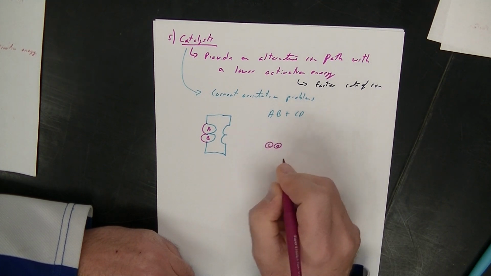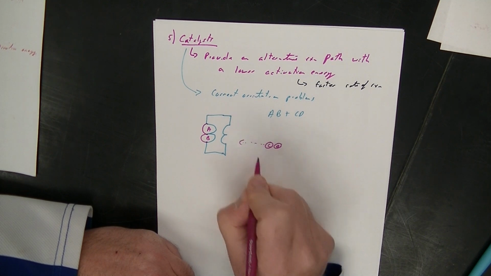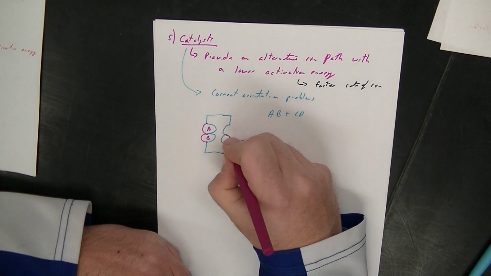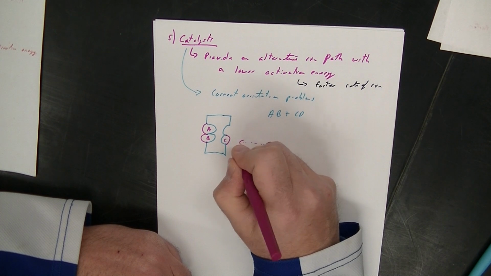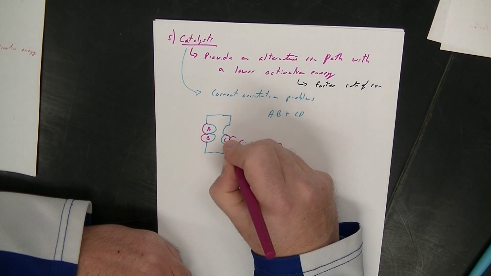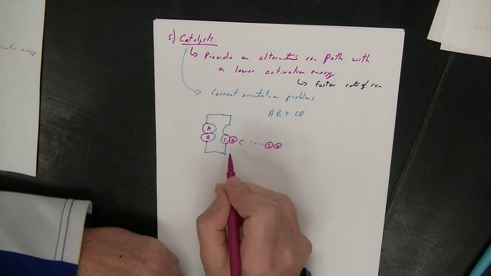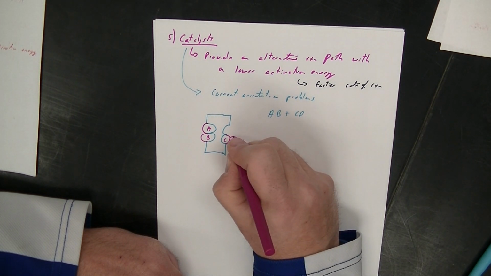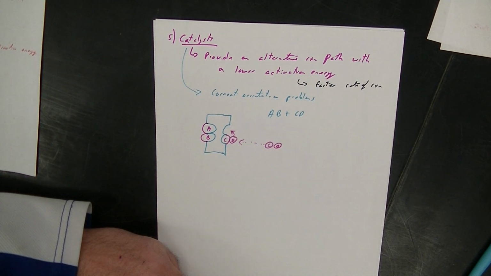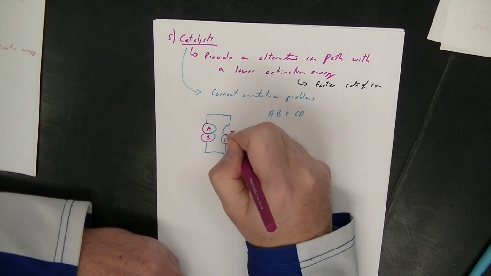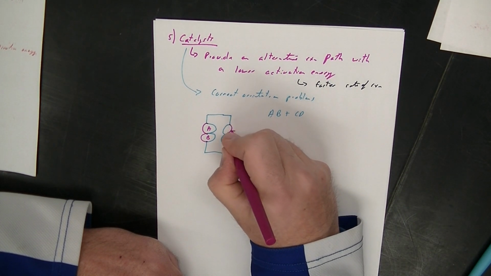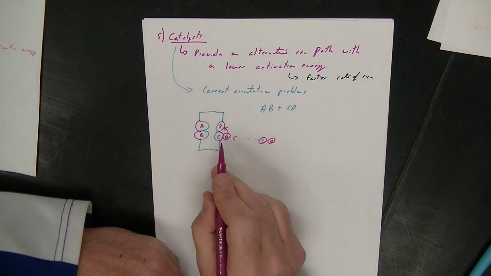Here comes our CD, and it's coming in at the incorrect angle, and it catches it like this. Normally that would be an ineffective collision, and these would just bounce. But with this catalyst, it's going to correct that orientation problem. It's going to swing the D up into here. It corrects that orientation issue.